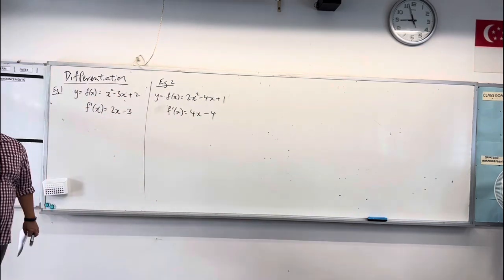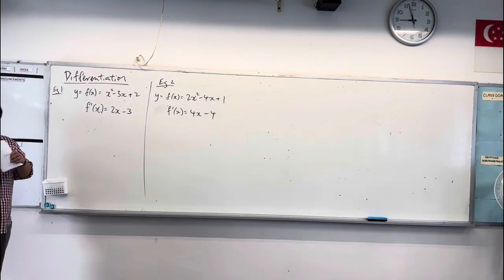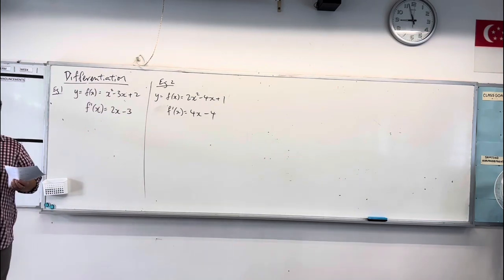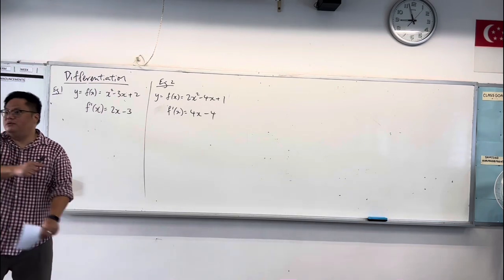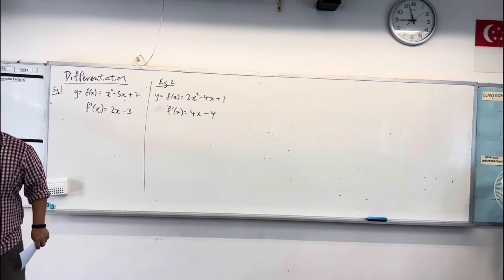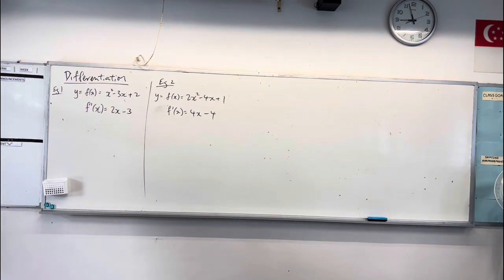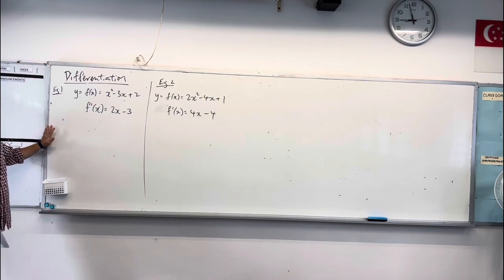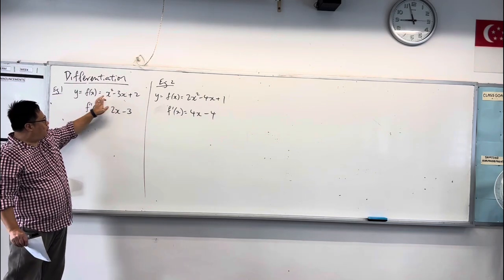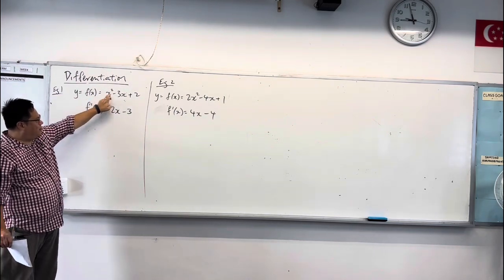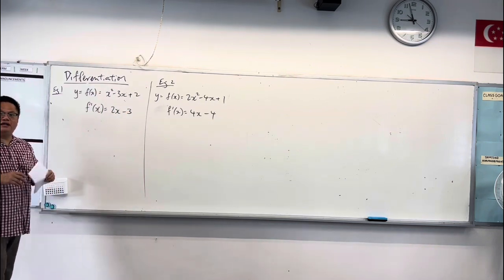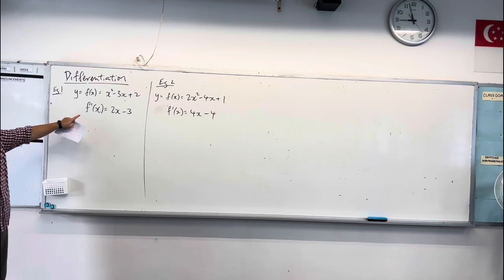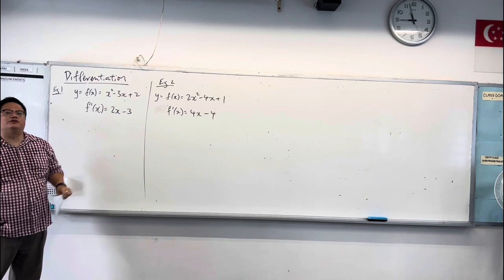Let's take a look at our answers so far and try to spot a pattern. We try to spot a formula if we can, to help us cut short all these steps and zoom in straight and answer straight away, if it's possible. For our first example, y equals f(x) equals x squared minus 3x plus 2. Our gradient function, our derivative f prime x, was 2x minus 3.